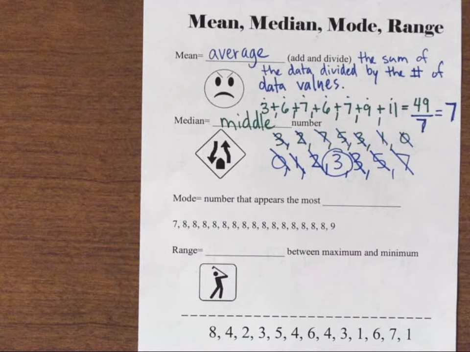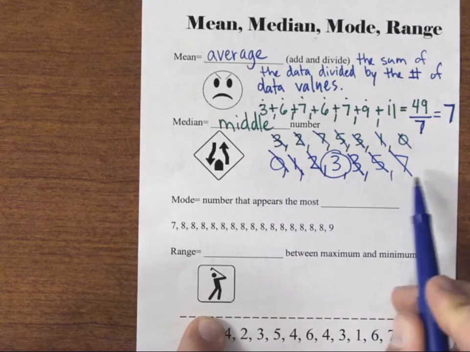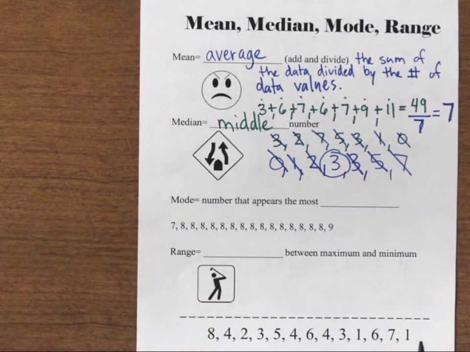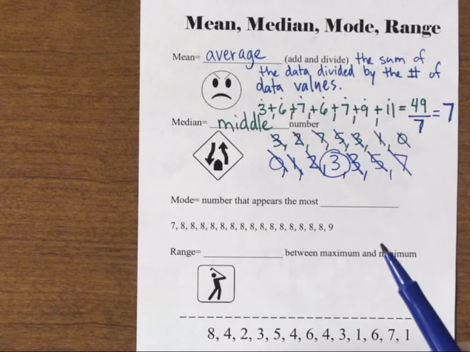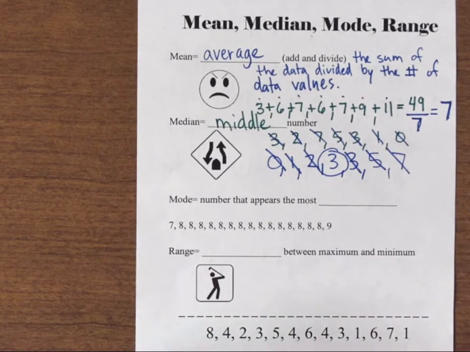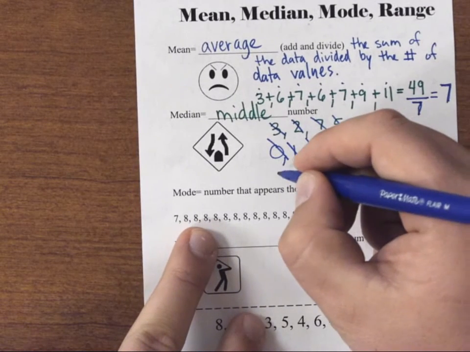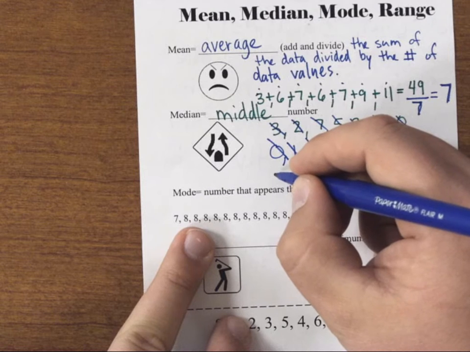If we have an even number of values in our data set, then we must add the two middle numbers and divide by 2, or in other words, find the average or the mean of the middle two numbers. For example, I'm going to make just a short list.